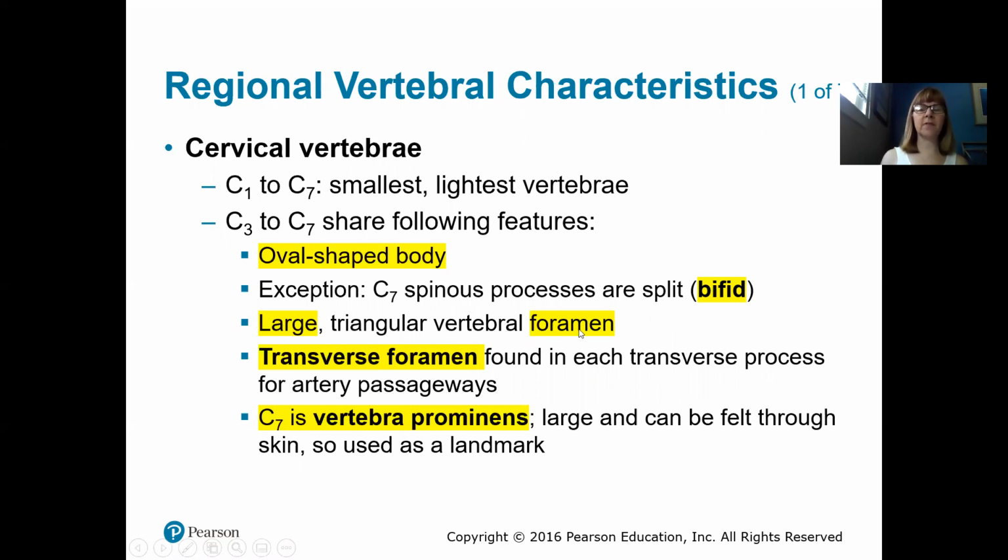The foramen is really large. So if you can think about it, it's closest to the head. The spinal cord is still really big coming out of the skull. So the hole has to be really big. So as it's exiting the brain, the hole is really big. The transverse foramen, the ones going out on the side, also have a little hole.